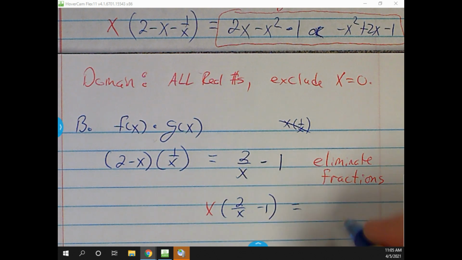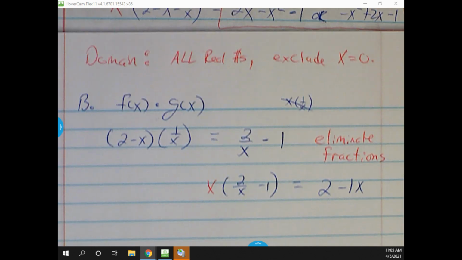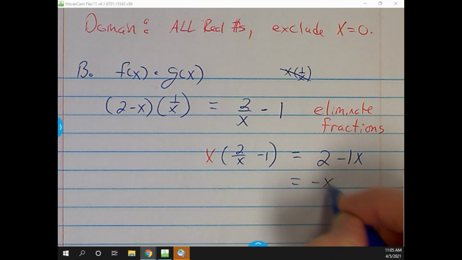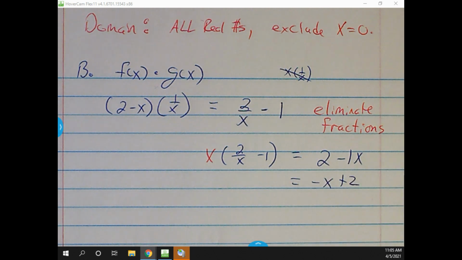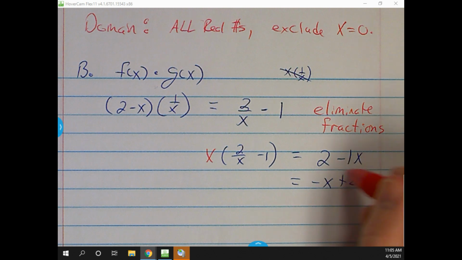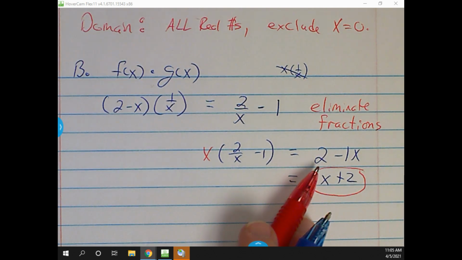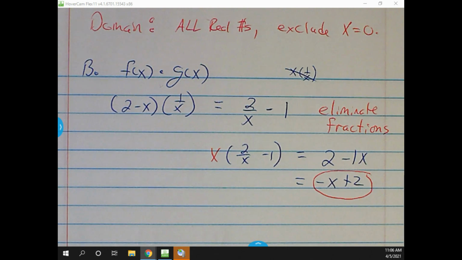So the x's would cancel, leave that with a 2. If you do x times 1, that's just minus 1x. But again, if we kind of think about putting this in like a standard form where the x goes first, that would be negative x plus 2. Again, this would still be okay with 2 minus the x, but negative x plus 2 is probably, again, just a better answer.